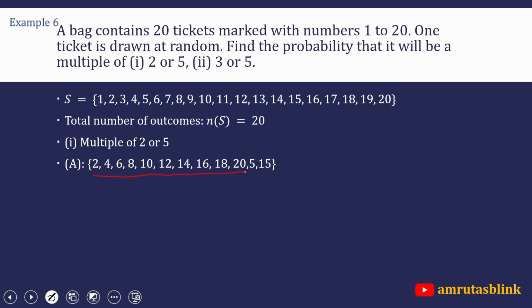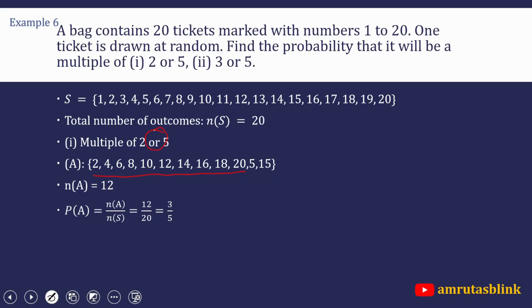And here it is a multiple of 2 or 5, that's why we also need to include the numbers 5, 10, 15 and 20. But 10 and 20 are already there, that's why we will just include 5 and 15. Hence n of A is equal to 12, and then probability of A is equal to n of A upon n of S, which is equal to 12 upon 20, which is equal to 3 upon 5.